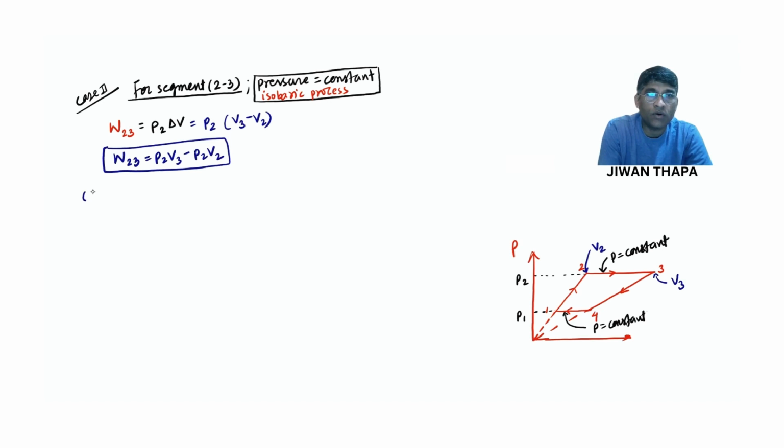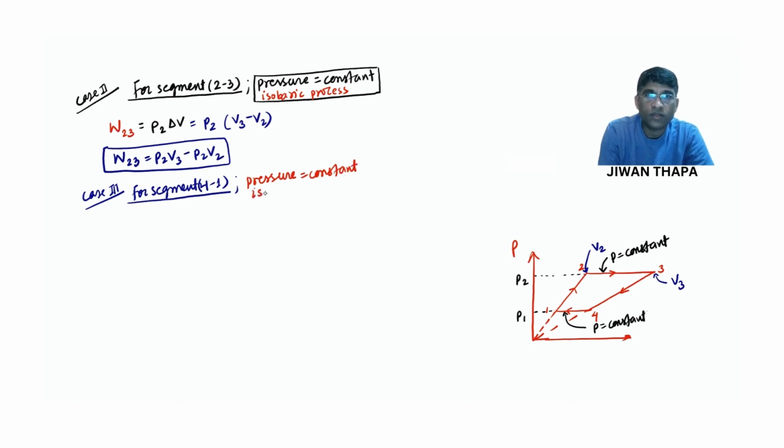Okay. Now for segment 4, 1, we find pressure is constant.